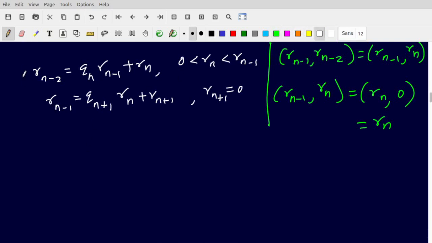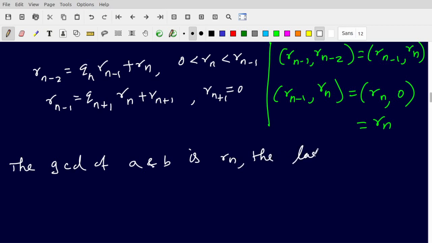Division algorithm repeated apply பண்ணிட்டு. So இந்த இதுல இருந்து என்ன எனக்கு கிடைக்கும்னா the GCD of A and B is Rn, the last non-zero remainder in the division process.